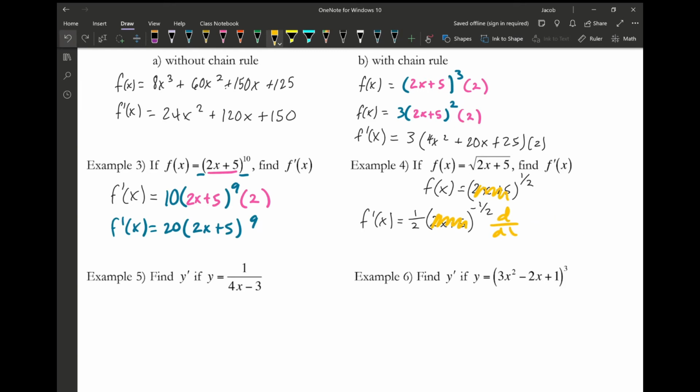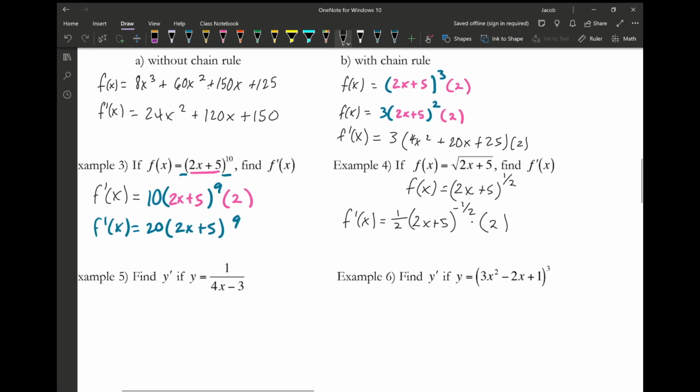That would really show some understanding of the rule if we did some abstract math like that. But since we have these clear numbers, let's just stick to that. So the derivative of the inside is simply 2. Okay, so not so bad. We're just using the power rule.